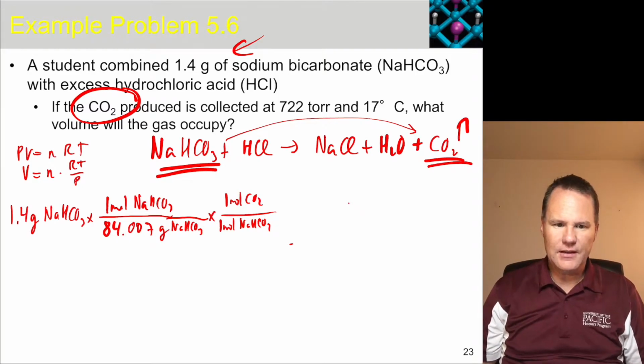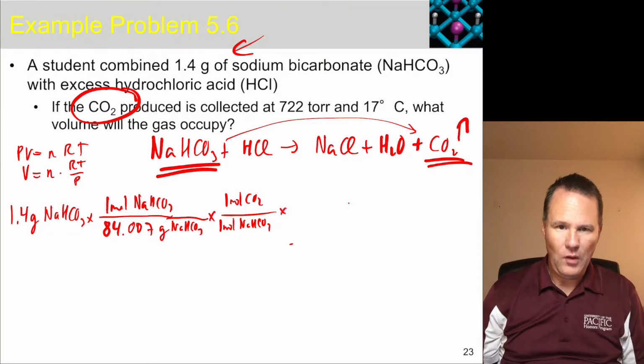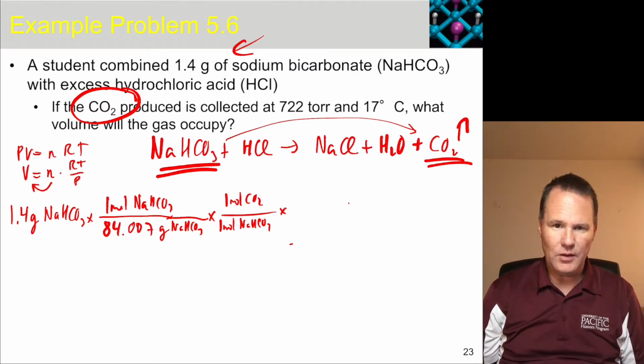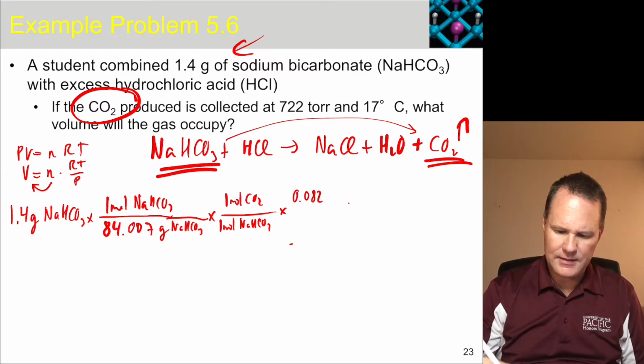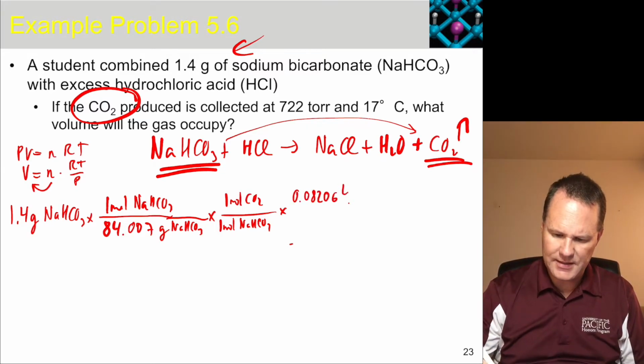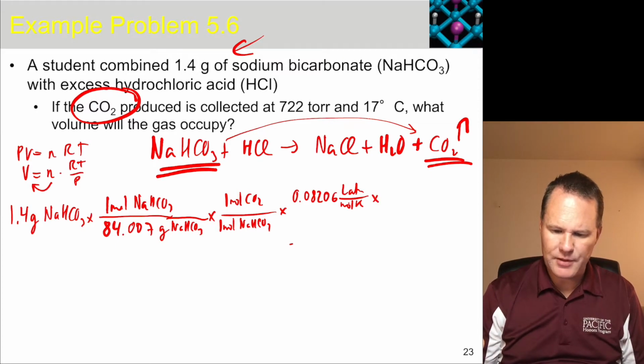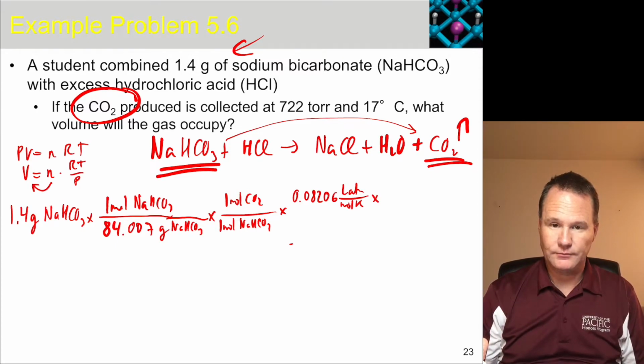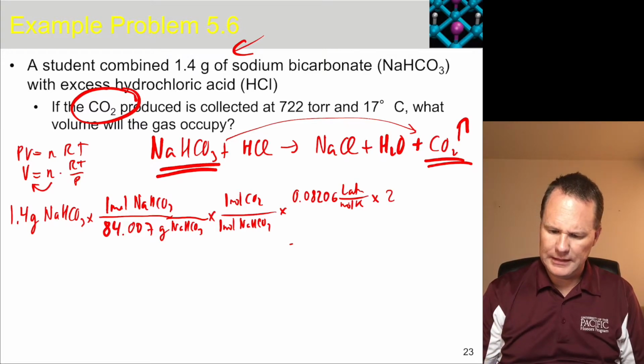And so this looks a little bit strange, but the volume of a gas will also be simply a matter of a conversion between the moles and the volume, and the conversion factor is RT over P. And so all I have to do is add this in. So 0.08206 liter atmosphere over mole Kelvin, and then I have the temperature, which is 290.15 Kelvin, right?